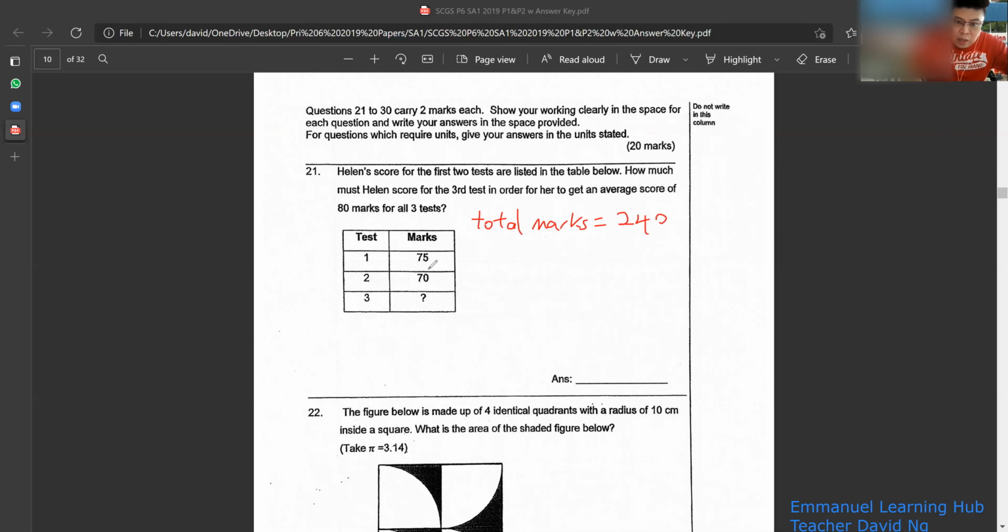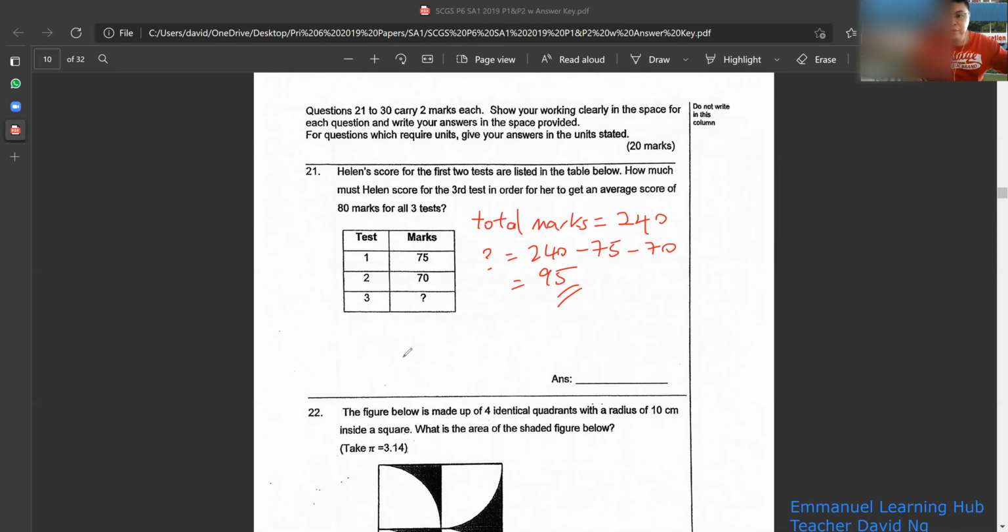Okay, 240. So that means 75 plus 70 plus the question mark must be 240. So the question mark is equal to 240 minus 75 minus 70. Okay, equal to 95.